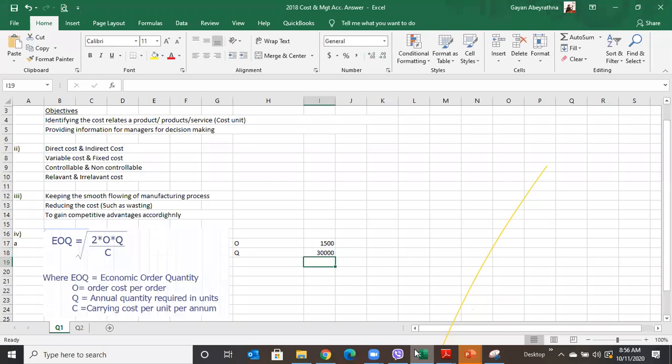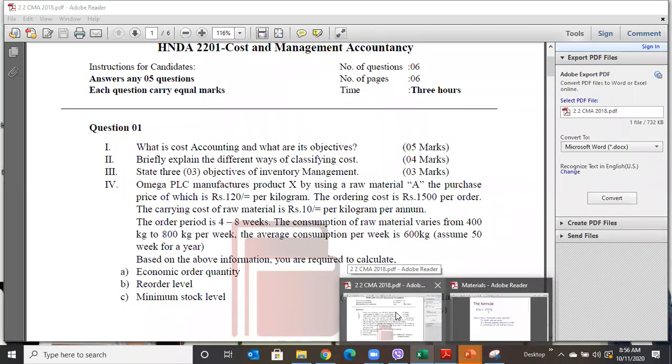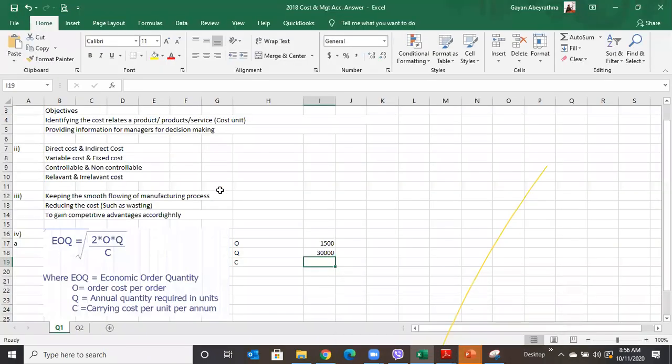That's the Q. Then C, the carrying cost per unit: the carrying cost of raw materials per kilogram per annum is 10. It's 10. Now tell me the answer.